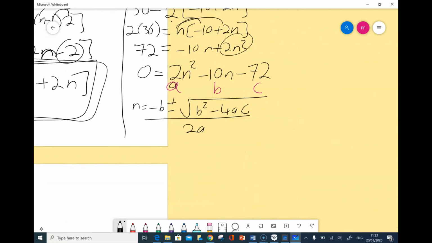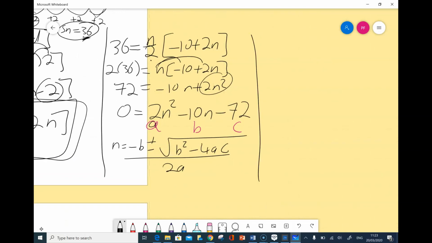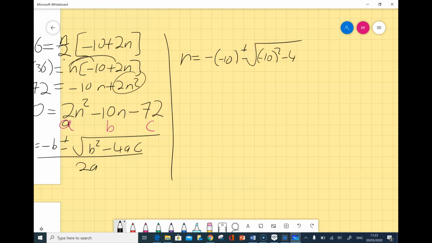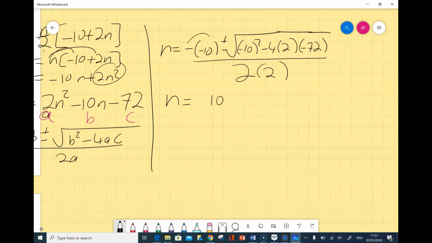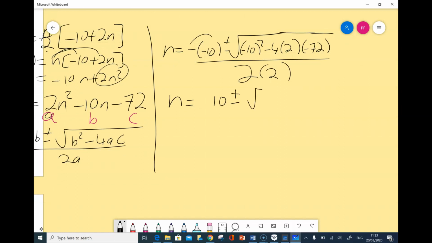Okay, so let's fill that out. So n is equal to minus b, which is minus minus 10, plus or minus the square root of b squared, which is minus 10 squared, minus 4 times a, which is 2, times c, which is minus 72, all over 2 times a, which is 2 times 2. So n equals 10 plus or minus the square root.